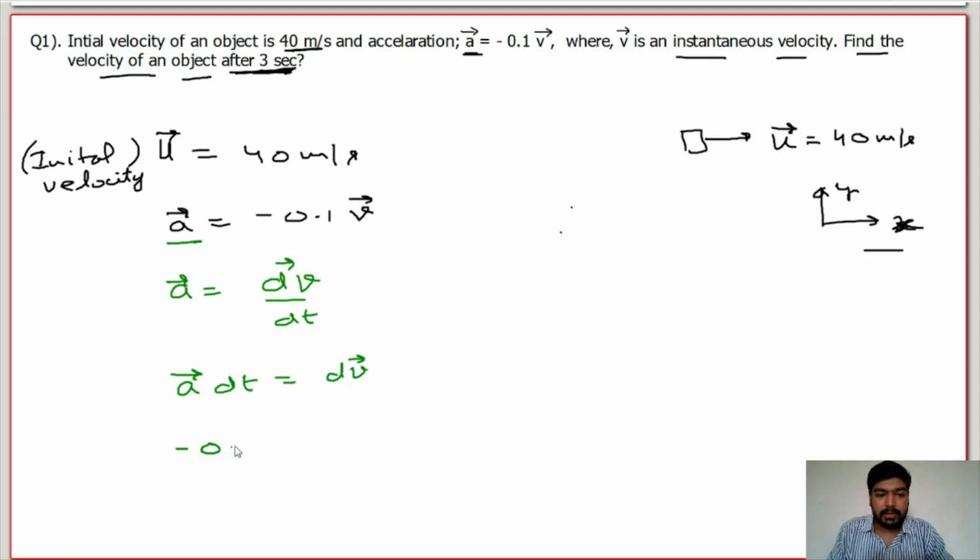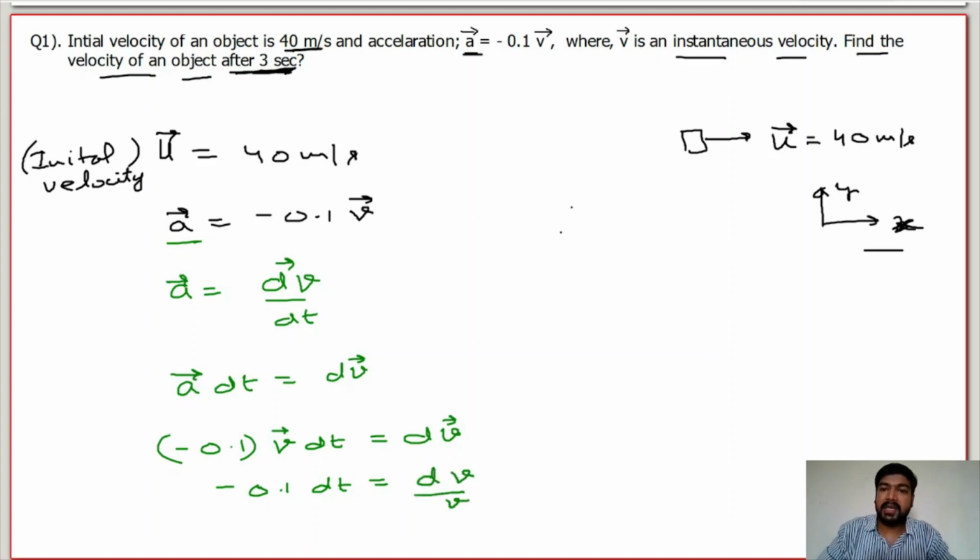It's minus 0.1 v, so dv upon v. Let's avoid the vector terms. Simply, we will take the magnitudes from now because the direction is the same. And just integrate these two.